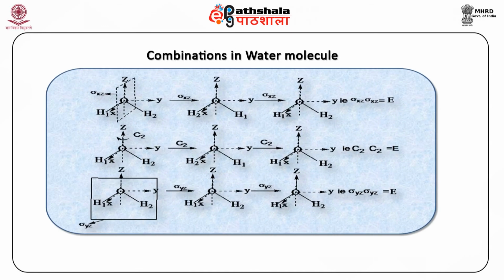In this figure, we can see some more combinations of C2 with C2, sigma xz with sigma xz, and sigma yz with sigma yz, which give the resultant E.